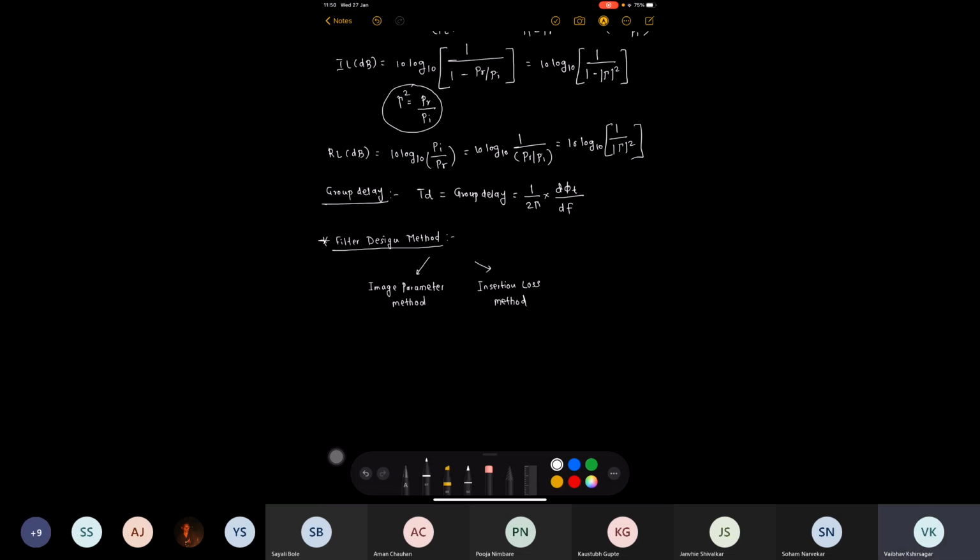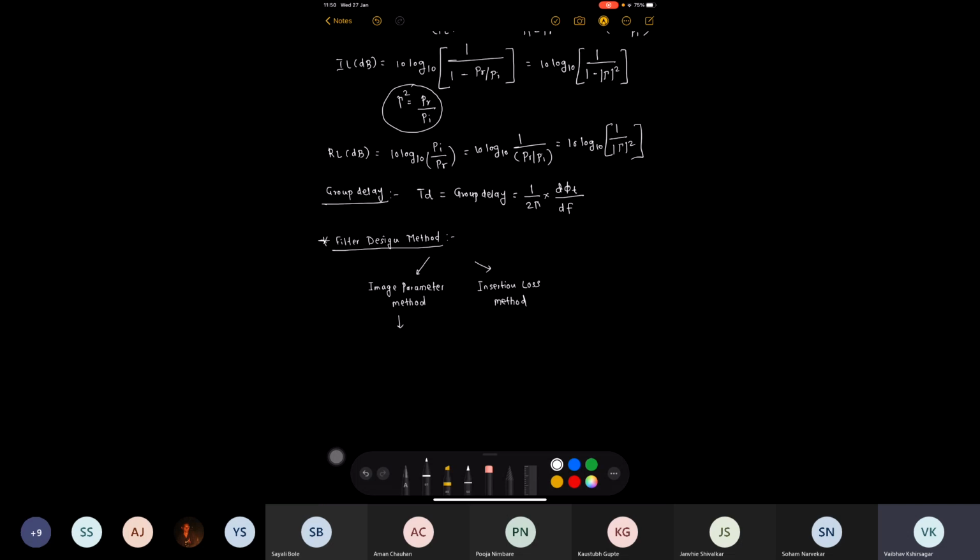Now, filters designed using the image parameter technique consist of a cascade of two-port networks.